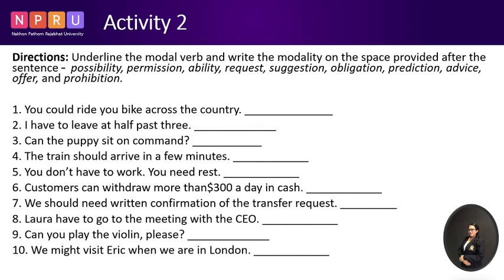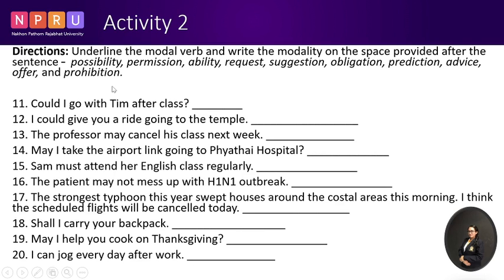And for activity 2, directions, underline the modal verb and write the modality on the space provided after the sentence. So you have to underline the modal verb, and then you also indicate if it's possibility, permission, ability, request, suggestion, obligation, prediction, advice, offer, or prohibition.